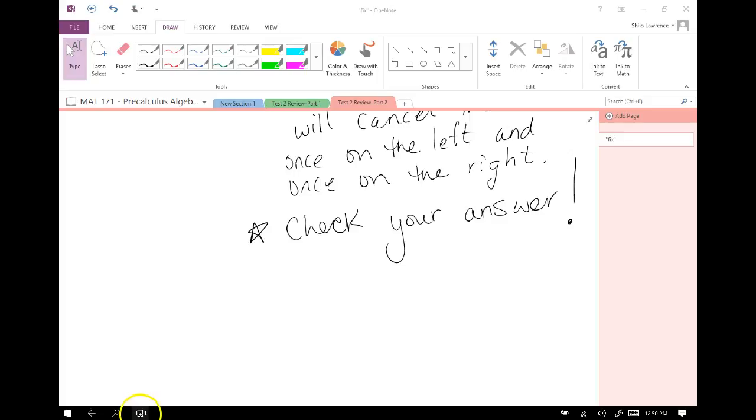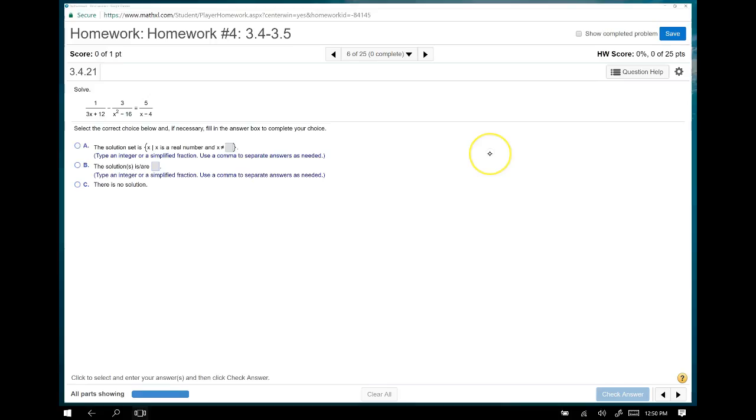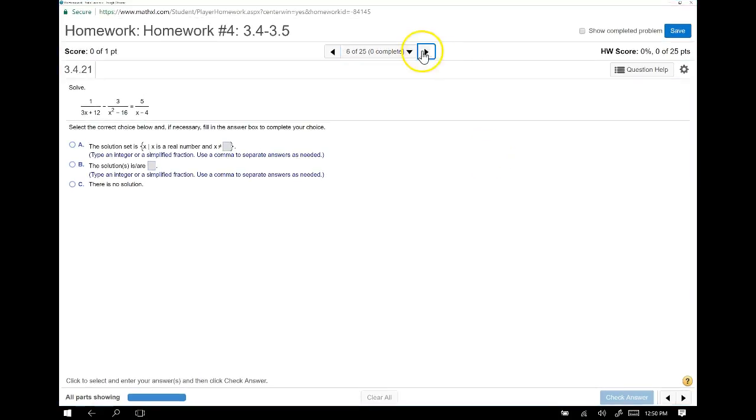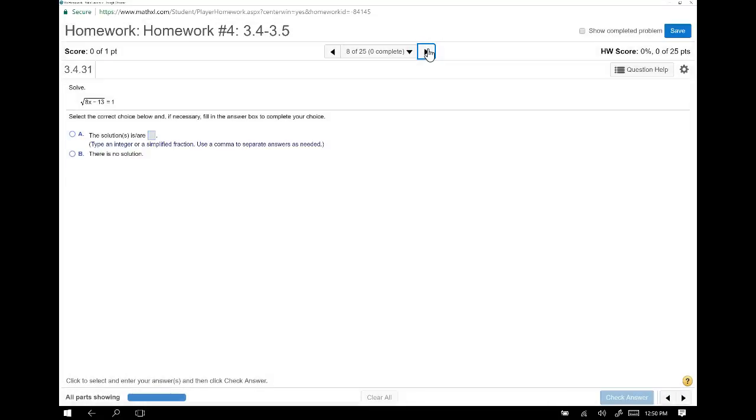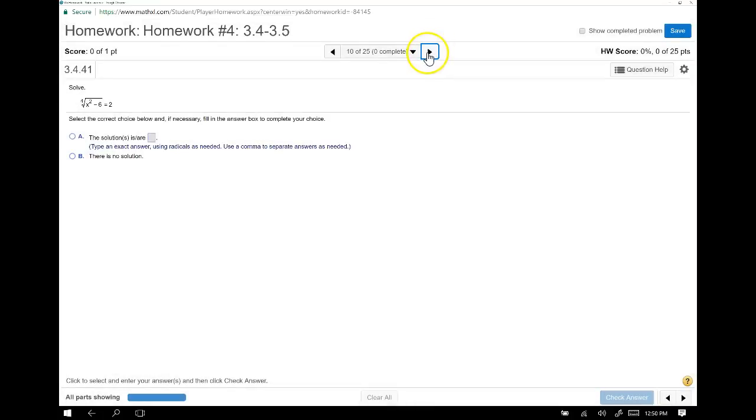So I'm going to go back to MyLabs Plus here and pull a question out of the homework. So it looks like those first 7 problems were all rational equations. And number 8 starts with the radical equations. And we're seeing all sorts of different kinds of radical equations.